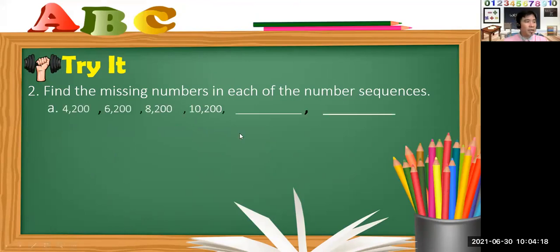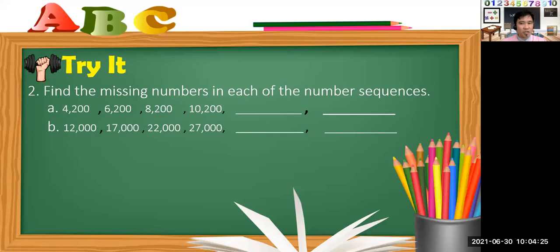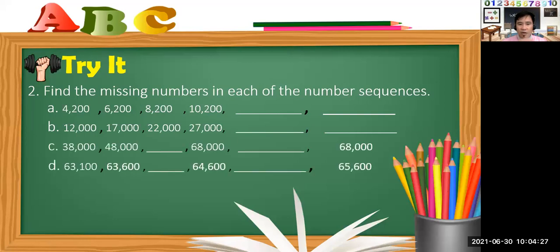So there are 7 questions from letter A to letter G: A, B, C, D, E, F, G. On my screen, it's only up to letter E, but in your book, it's up to letter G. So I want you to answer question number 1, question number 2, and try to answer question number 3.